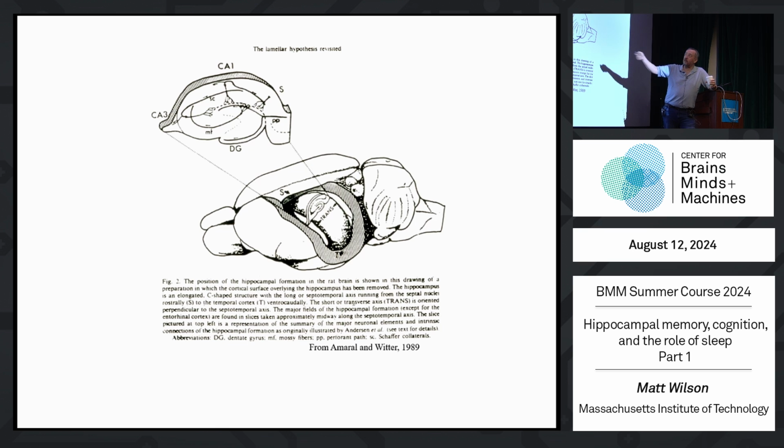In fact, these inputs are confined to a narrow strip, or a lamella. So you can think of CA3 as connecting both transversely and longitudinally. The dentate inputs are transverse inputs. They lay out like little slices.